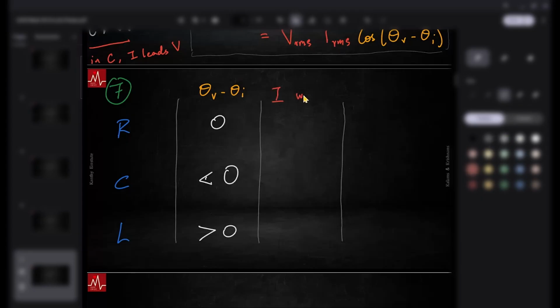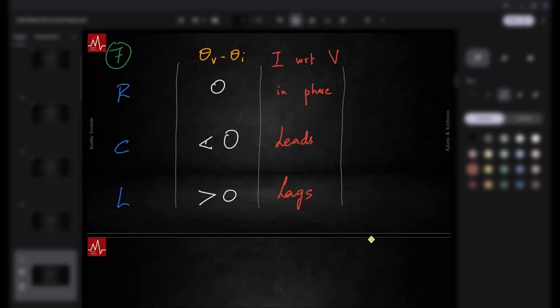Current with respect to V: this is in phase. Here current leads, I comes first. Here current with respect to voltage lags. Yeah, that's correct. So nothing silly, things are straightforward.